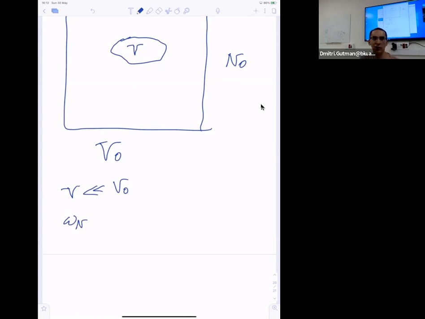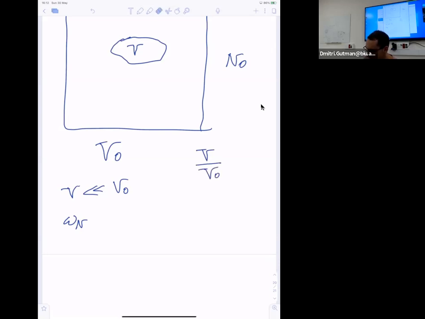Okay, so this is essentially a basic equation, and these are classical particles. Let us think about classical particles. So this equation in the basic statistical physics or basic combinatorics, and the answer goes like that. So if you look at one molecule, then the probability to find one molecule in the volume V is just V over V0.